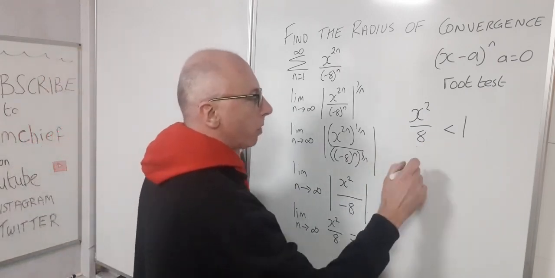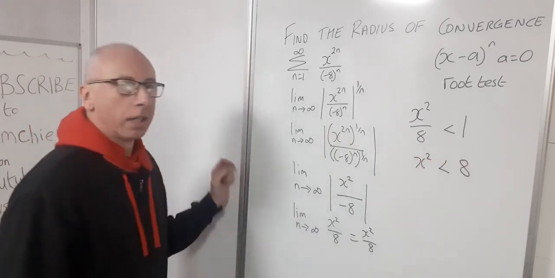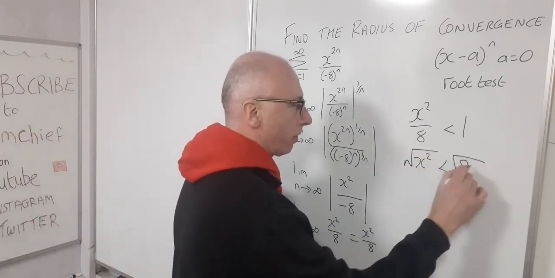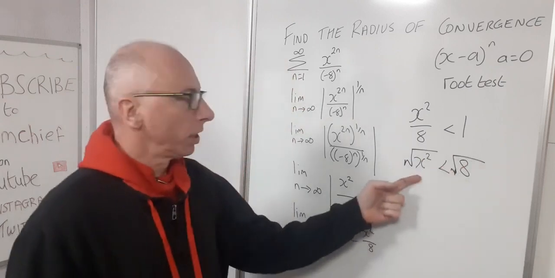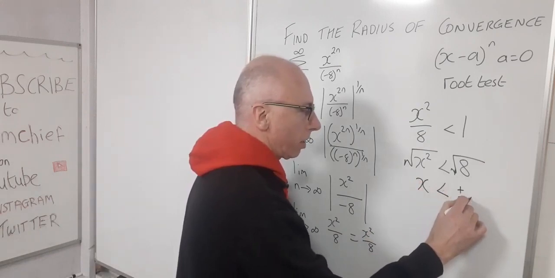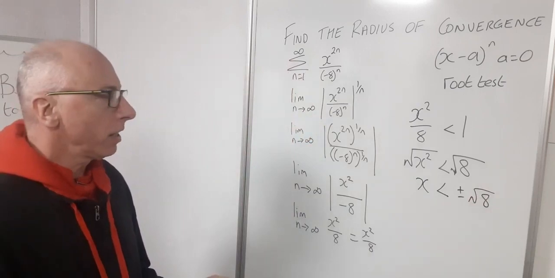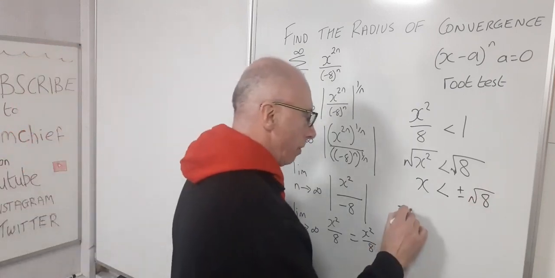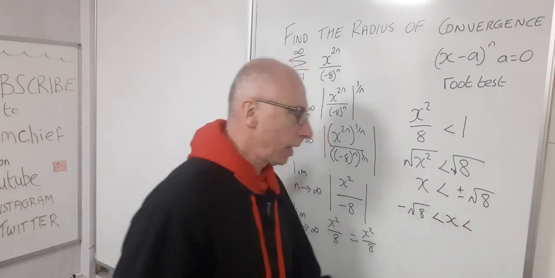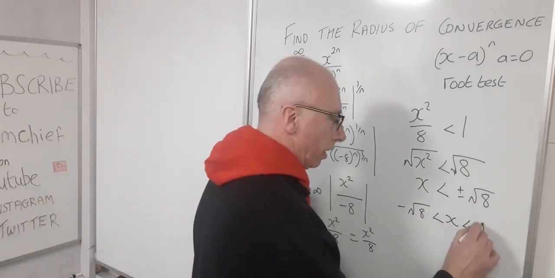So let's do the workings on this one. If we multiply both sides by 8, we've got x squared is less than 8. And now square root both sides. So x is between plus or minus the square root of 8. That leaves our interval of convergence as minus square root of 8 less than x, which is less than square root of 8.